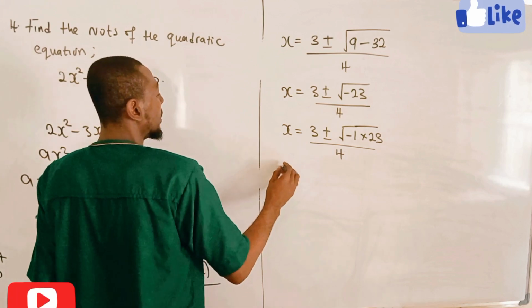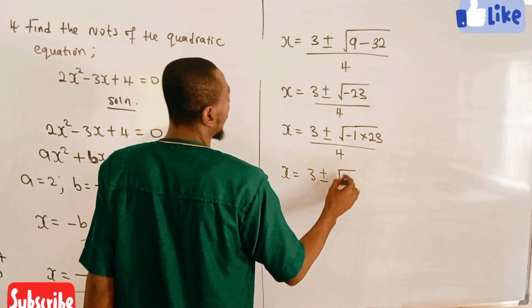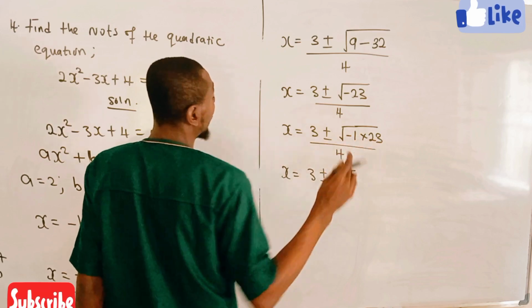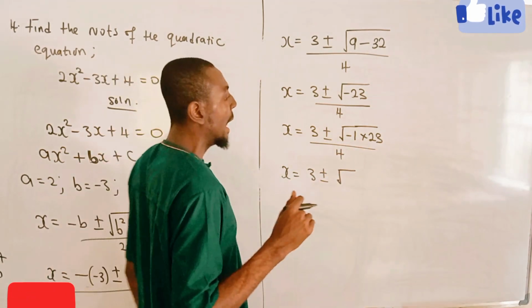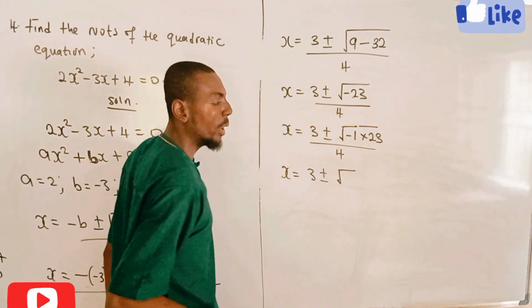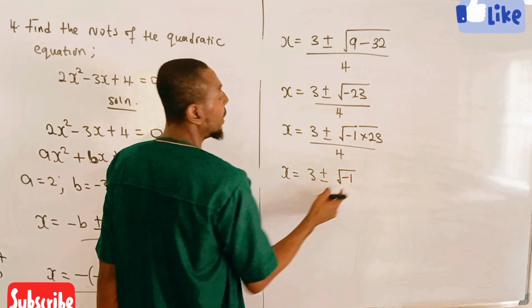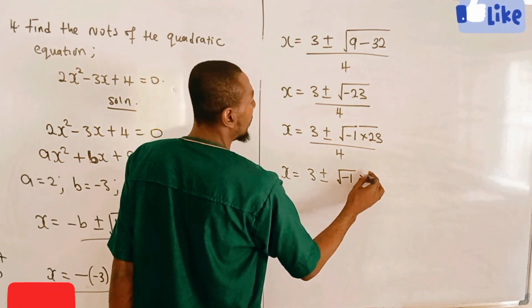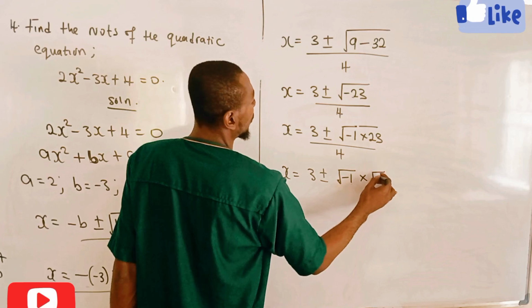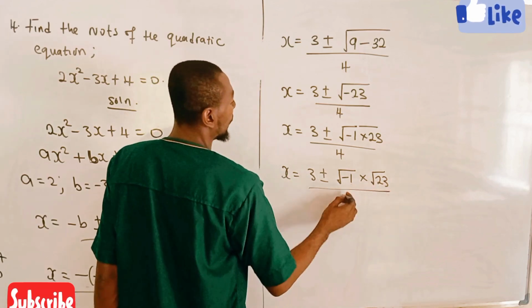According to surds, we can break up this square root so that we have minus 1 separately, minus 1 in a separate square root multiplied by the surd 23, that's 23 in another square root, all over 4.